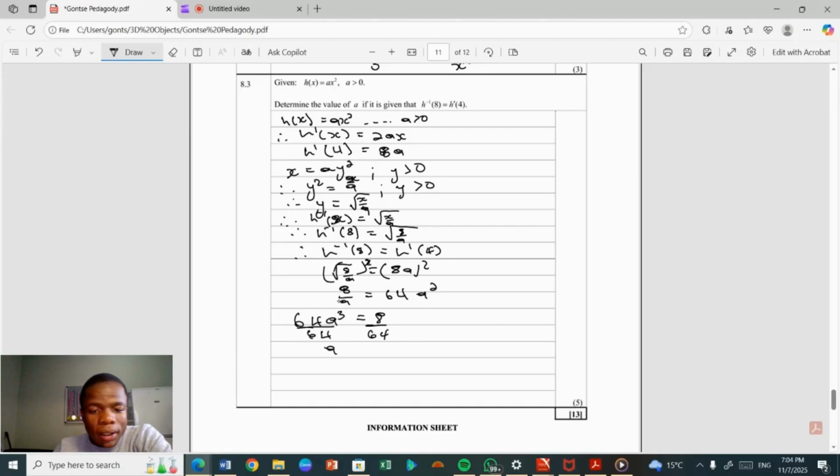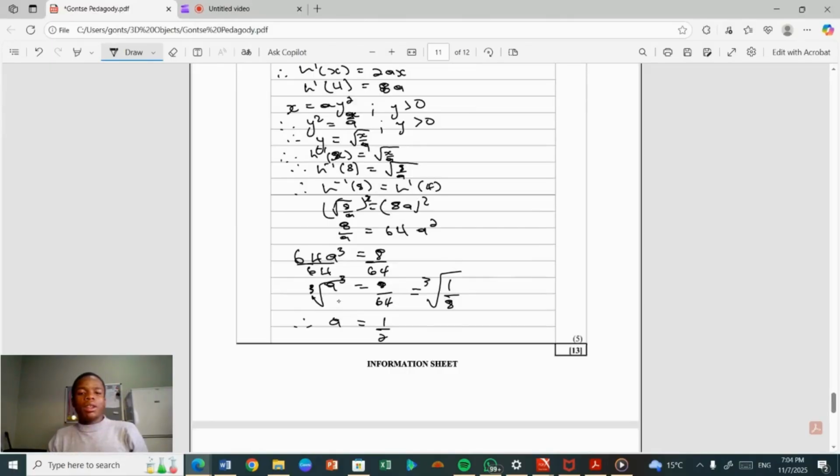Then a to the power of 3 is equal to 8 over 64, which is equivalent to 1 over 8. So you put cube root on both sides, right? Then a is equal to the cube root of 1 over 8, which is 1 over 2. Therefore, a is equal to 1 over 2.